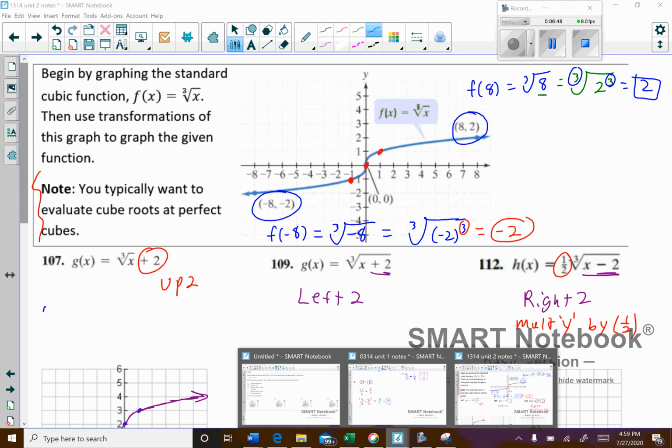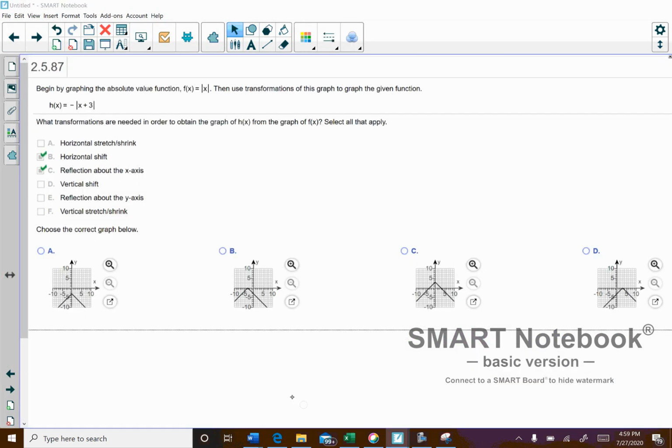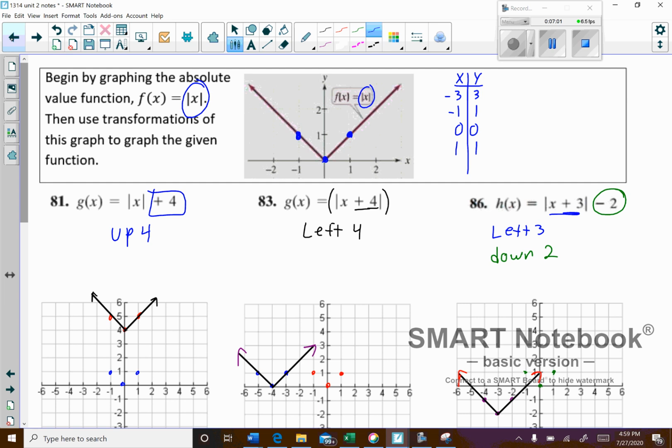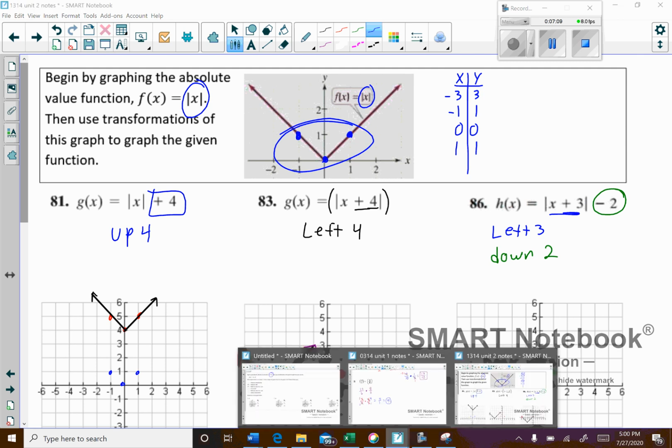I'm going to go ahead and look at the ones that you did send so we can take a look at those. So here's our absolute value function. So if we go back to here, so what we're doing, see if it comes up. There it is. We're taking this. So we're going to take those key points and we're going to apply the transformation.